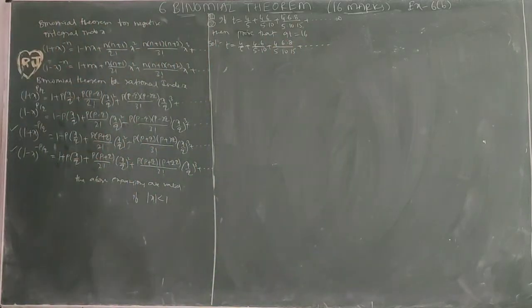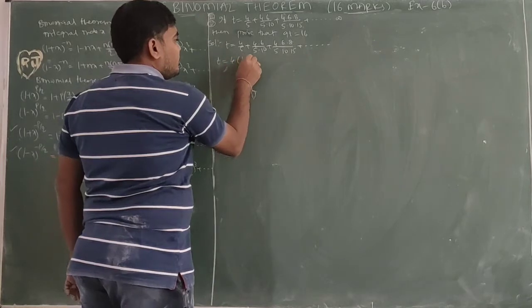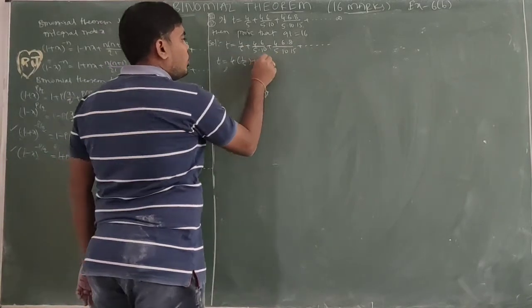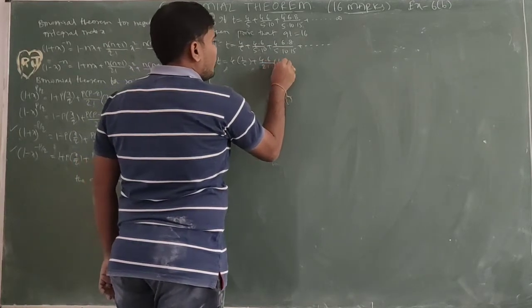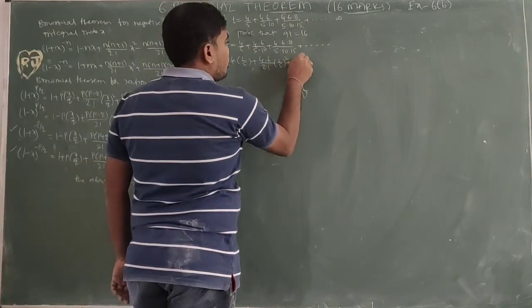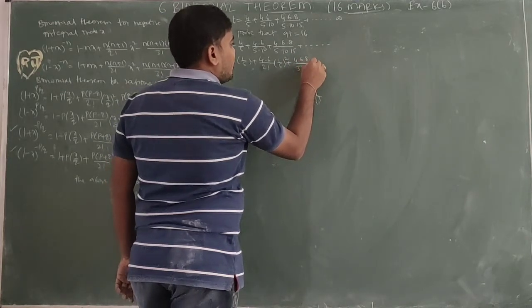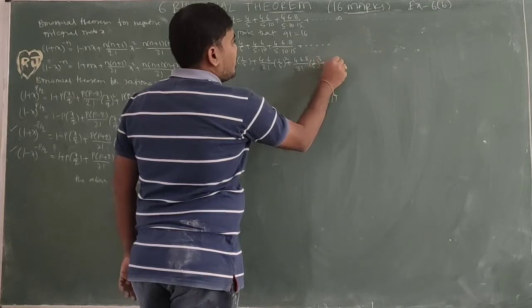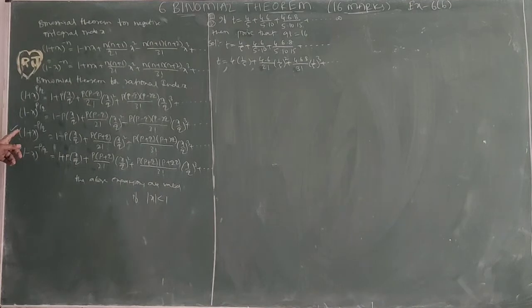So if we observe this one, first t equals 4 into 1 by 5, then 4 into 6 by 1 into 2 factorial 1 by 5 whole square, 4 6 8 by 1 2 3 factorial 1 by 5 whole cube, plus up to so on. If we observe this one, all terms are positive, so we are using the formula 1 minus x whole power minus p by q.